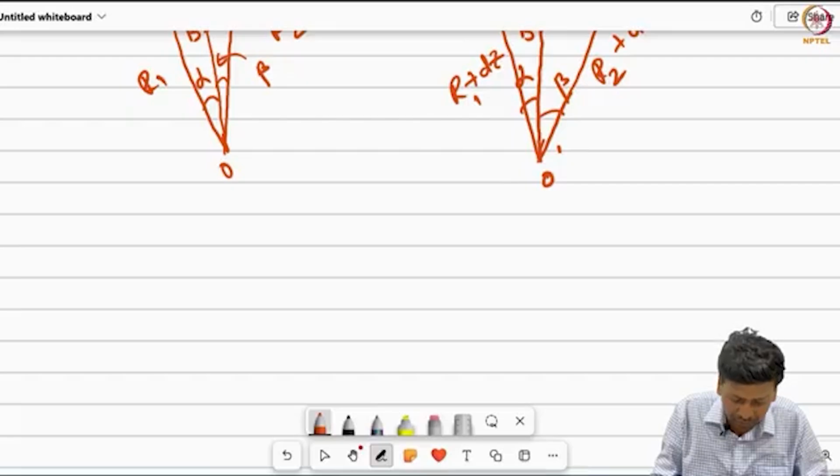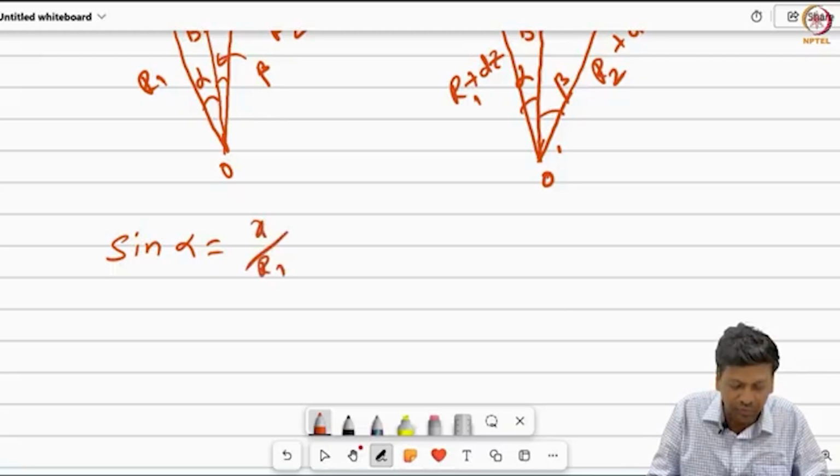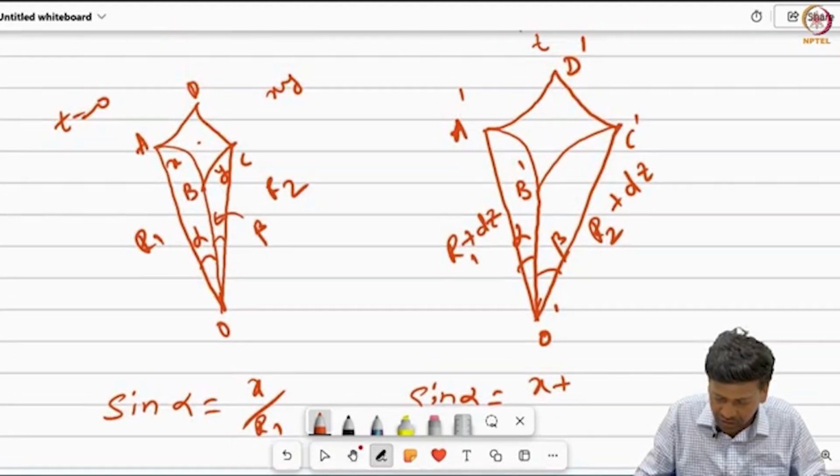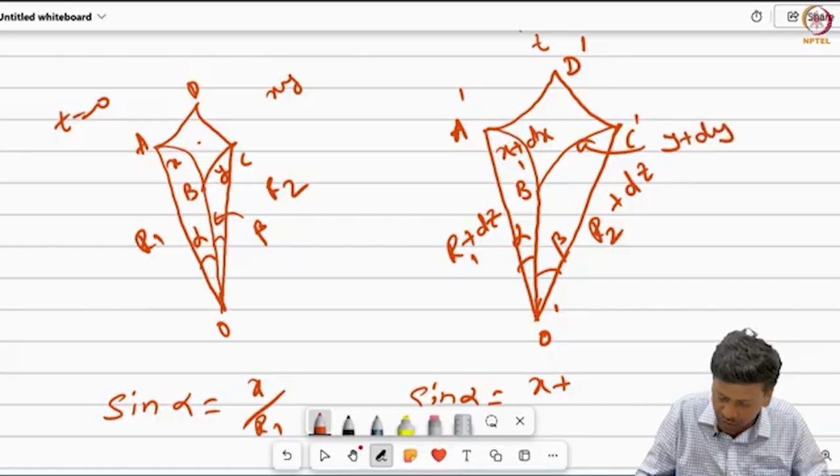For example, let's say sine alpha in this case will be x by R1, okay? In this case, sine alpha will be x plus dx, if this is x plus dx and this part is y plus dy, okay?